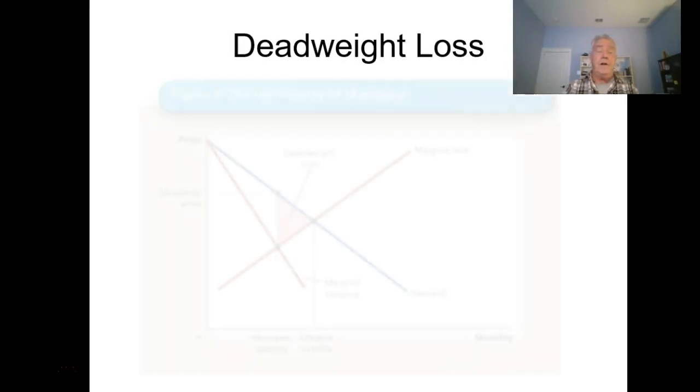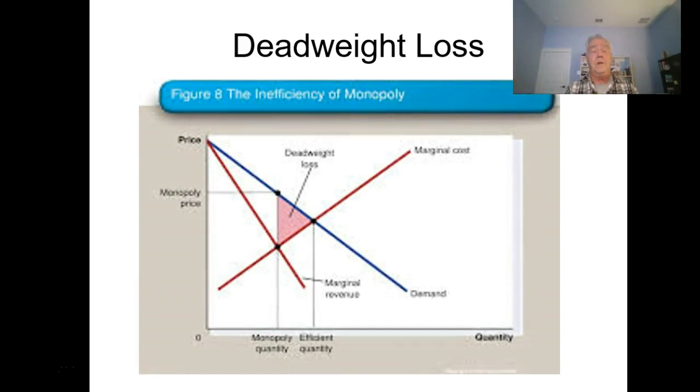Now there is a deadweight loss associated with this. And the deadweight loss is, if you look at the demand curve and the supply curve, which is a marginal cost curve, you'll see the equilibrium point. Okay? But the monopolist's quantity is less, and as a result, he's able to sell at a higher price.